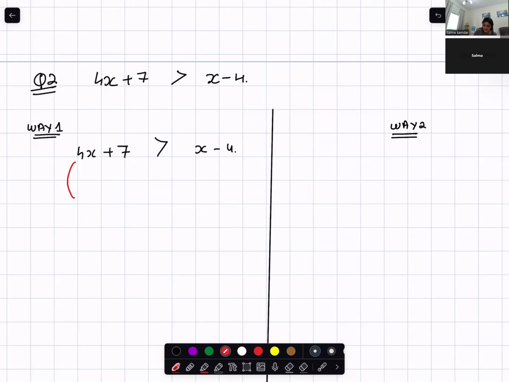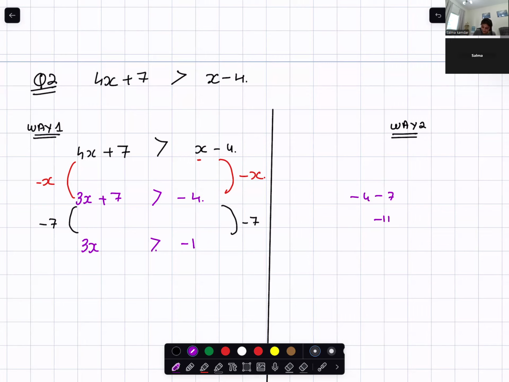Since I see there is 1x over here, I will do minus x on both the sides. So what I will get is 3x plus 7 is greater than minus 4. Then I can eliminate the 7. So I will do minus 7 and minus 7. What I will get is 3x is greater than minus 4 minus 7, which becomes minus 11.